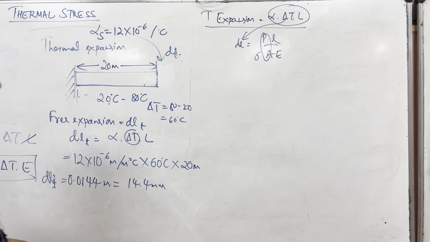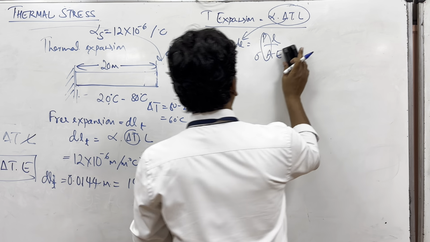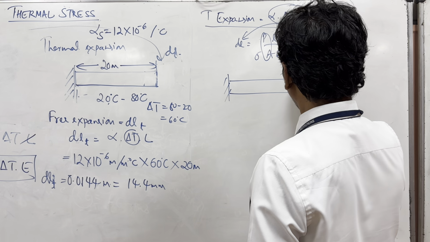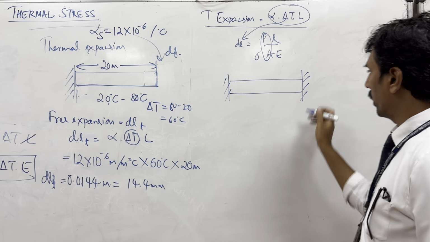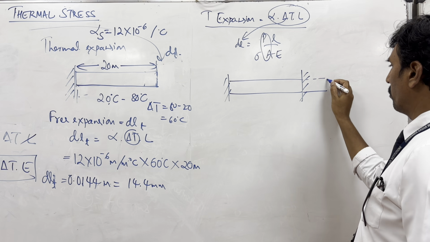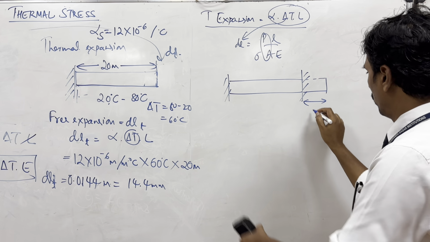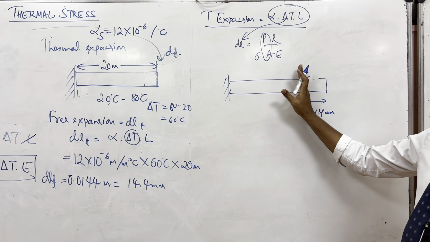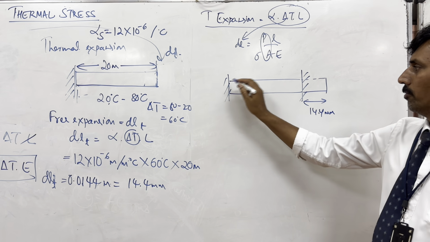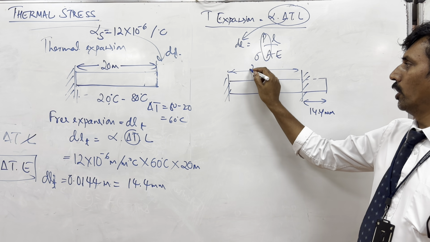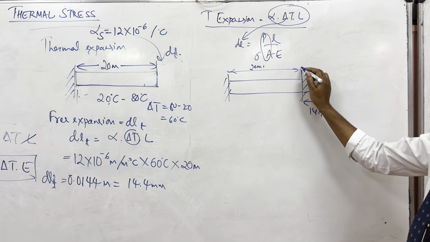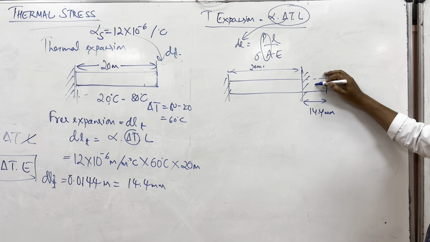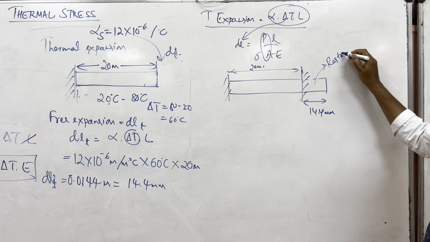If you block the rod from expanding on both the sides, it wants to expand by 14.4 mm. In the first case, there is no gap. It is completely blocked. The length is 20 meters, and after 20 meters there is a wall on both the sides. It is not allowed to expand. So 14.4 mm is the restricted expansion.